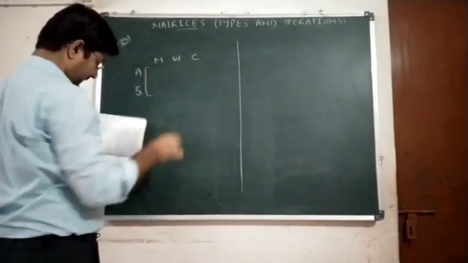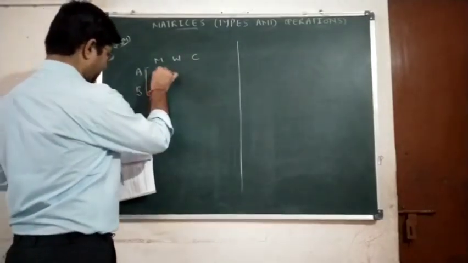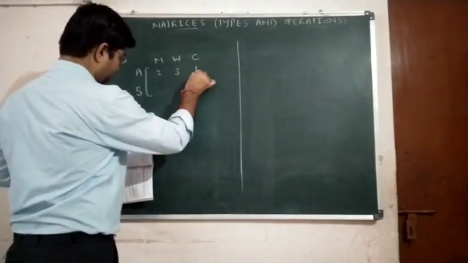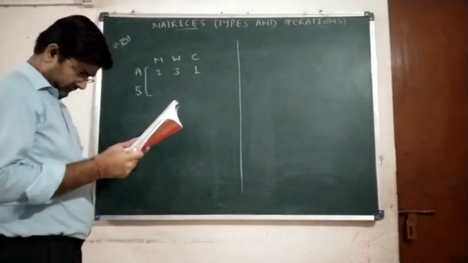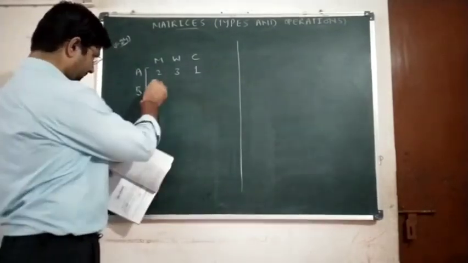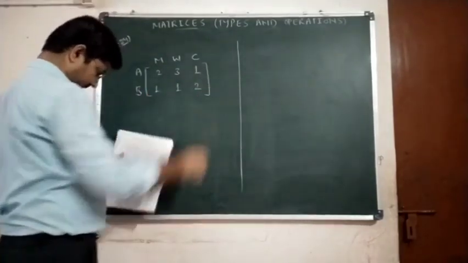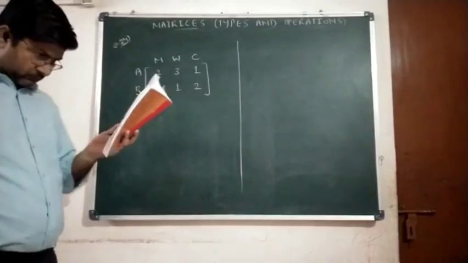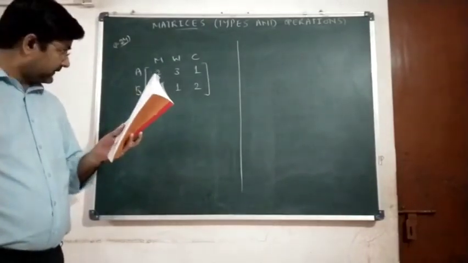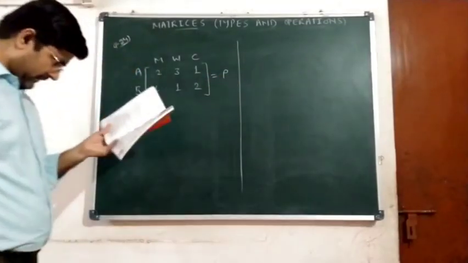In family A, the number of men, women, and children respectively is 2, 3, and 1. And similarly, in family B, we have 1 man, 1 woman, and 2 children. Clear? Okay, let us name this matrix as matrix P.